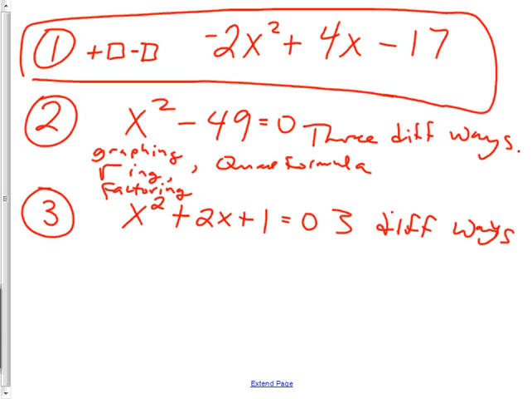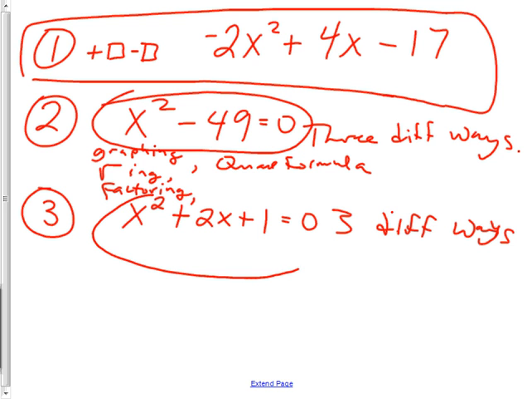I want you to find the answer in 3 different ways. The reason I don't say 4 different ways is sometimes there's a way that doesn't work, like it doesn't factor, or the graph of it wouldn't give you the answer. So solve this in 3 of these different ways, and solve this in 3 different ways. Okay, that's your only extra homework for today.